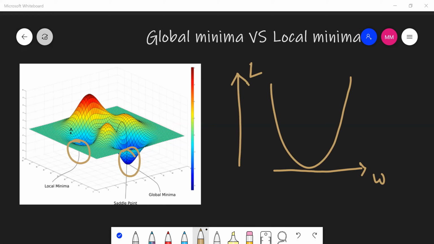Now we will take one data point over here and another data point over here. We'll mark this data point as A and this data point as B.